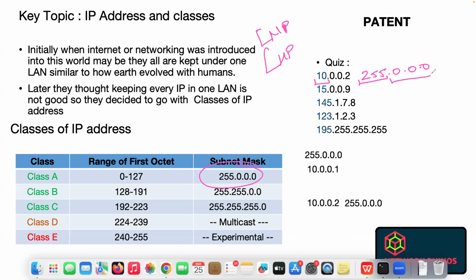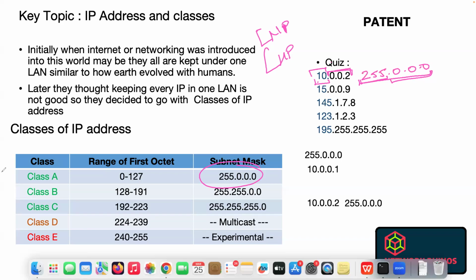If you see zeros, the last three portions are zero, and in the IP address also the last three portions are the host portion. You just take this and put it on top of the IP address. Whichever number comes below 255 is the network portion. Whichever number comes below 000 is the host portion.